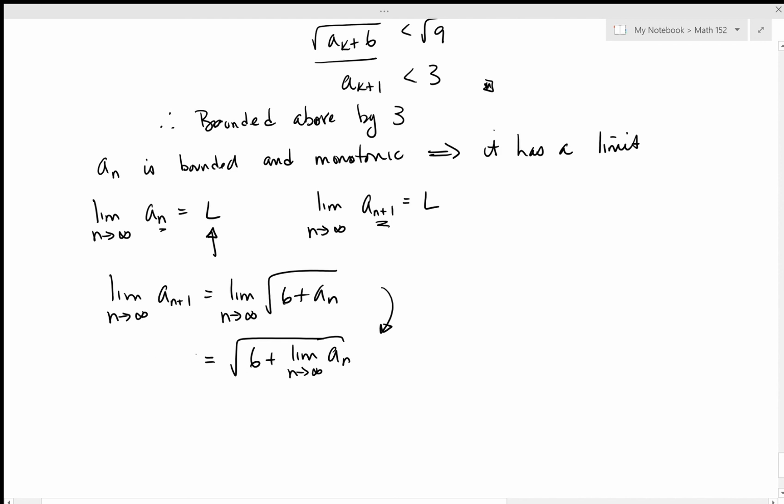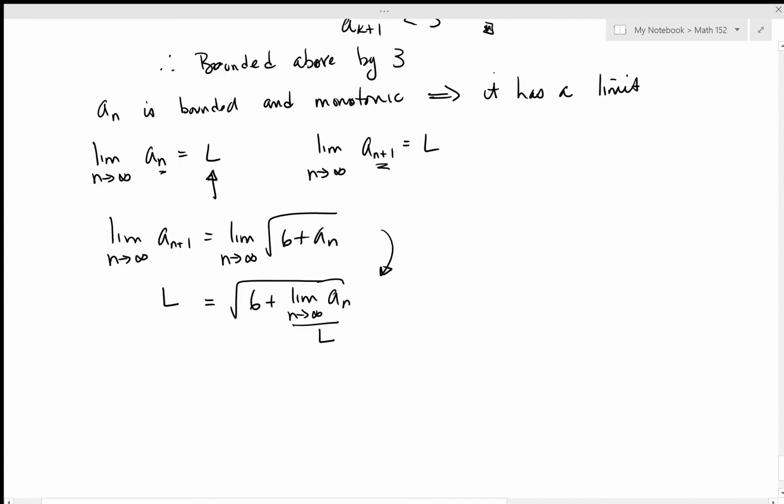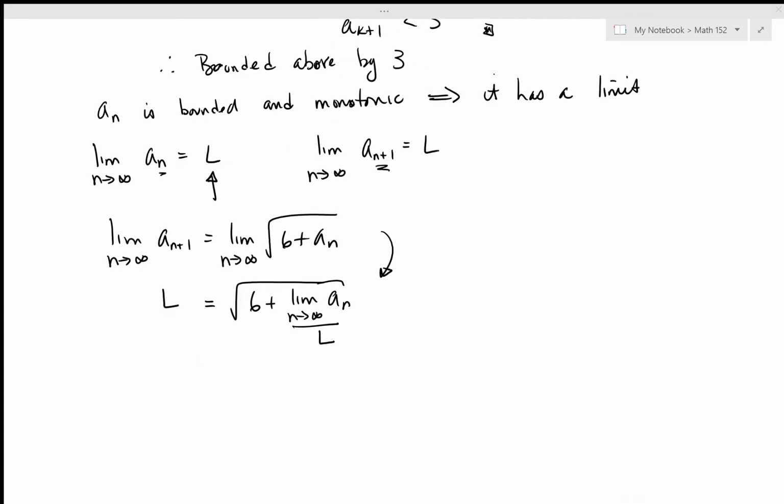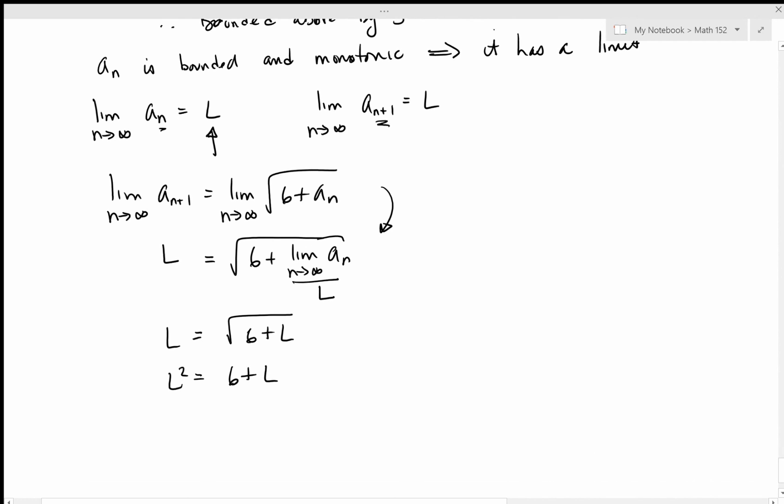This over here is L, and this is also L. So I basically now have an equation that says L is equal to the square root of 6 plus L. Now I can solve for L. L squared equals 6 plus L, and I get L squared minus L minus 6 equals 0, and that gives me (L minus 3) times (L plus 2) equals 0.